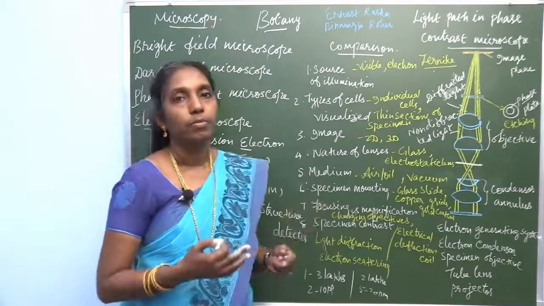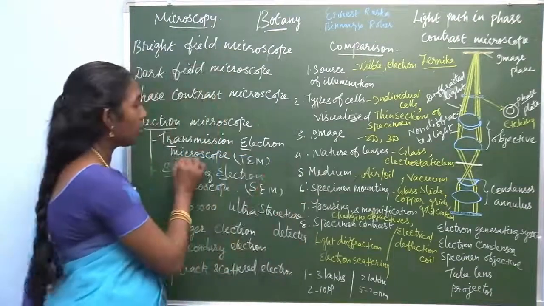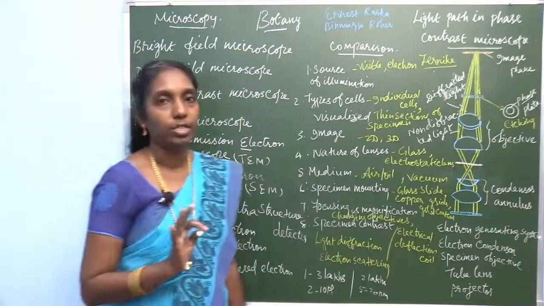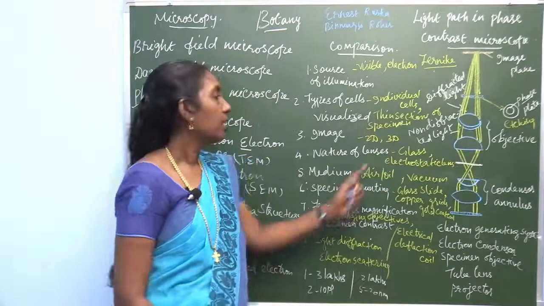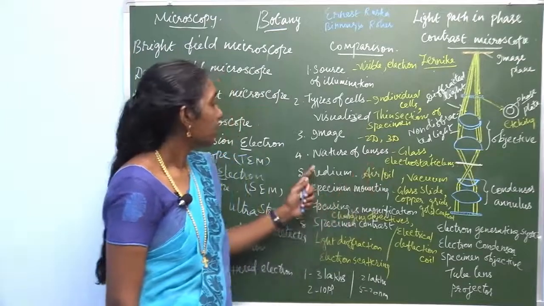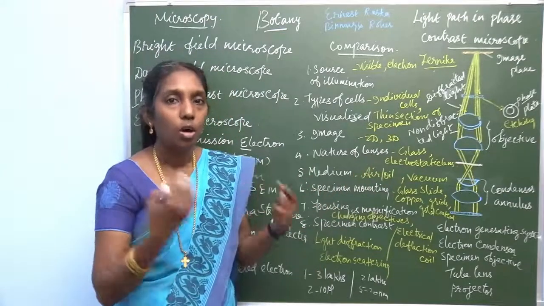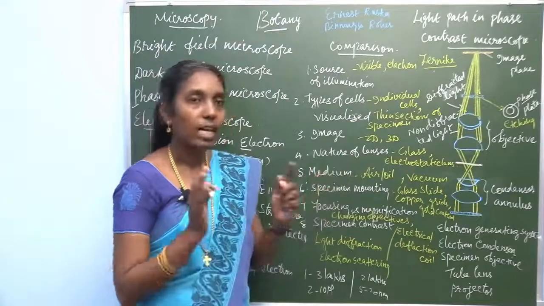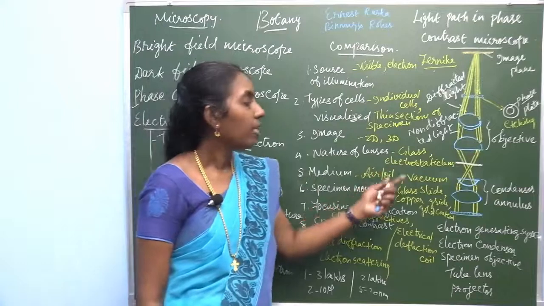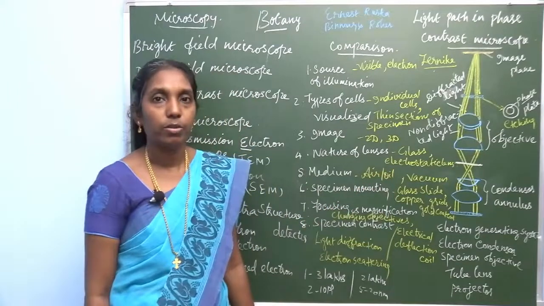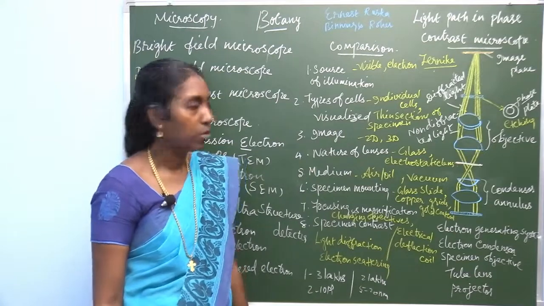Then the image: up to the transmission electron microscope, the image is 2-dimensional, but only in the scanning electron microscope is the image 3-dimensional. And the nature of lenses: all these are glass lenses except in the electron microscope, where electrostatic lenses are used.